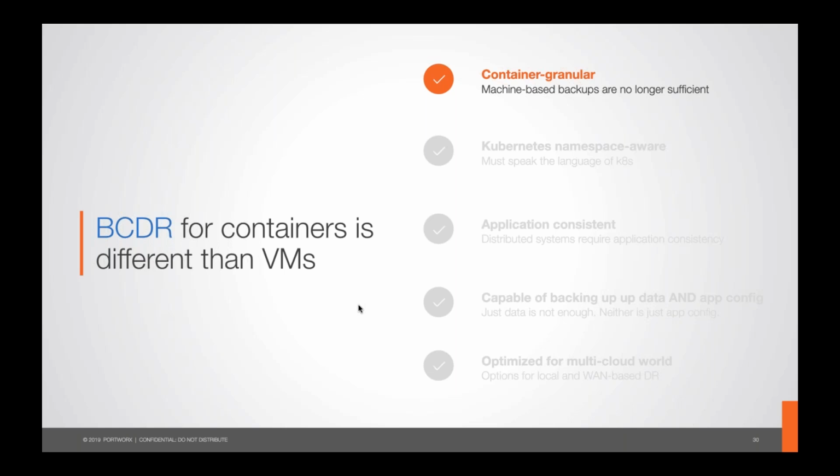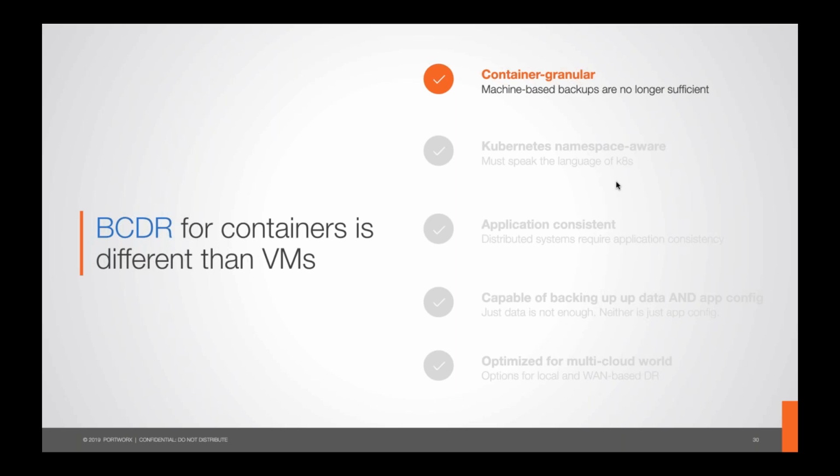But some people are still skeptical. Well, I've been using XYZ solution. I don't want to call any particular solution out. And I just don't understand why they couldn't do it for Kubernetes if they can do it for VMware, right? Well, there are basically 5 reasons that they can't, or at least that the solution is not optimal.